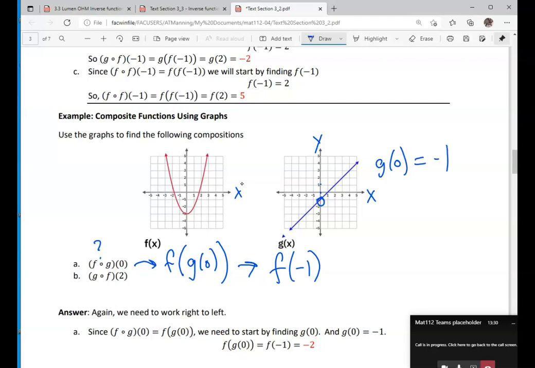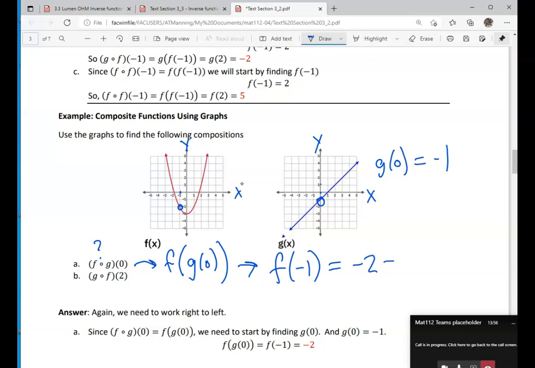Okay, so that's my x and y. So I look for where x is equal to -1, right here. And the graph hits at -2 when x is -1. So I know that f of -1 equals what? -2, right.